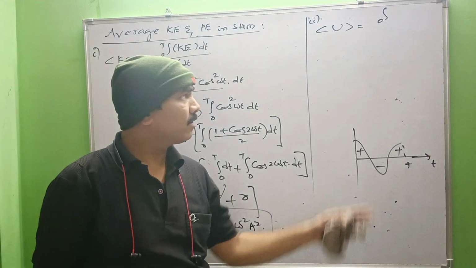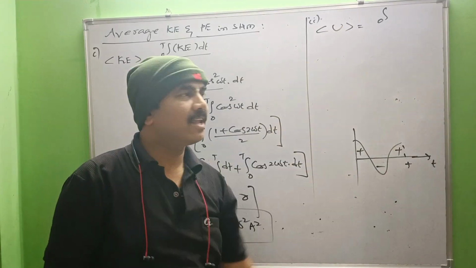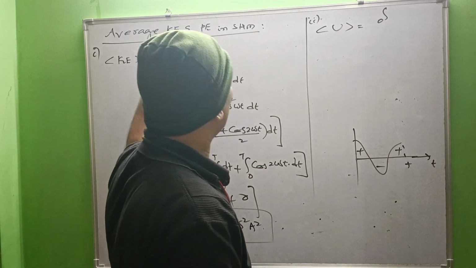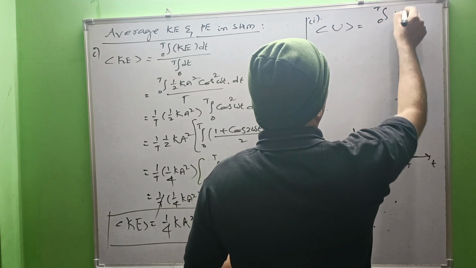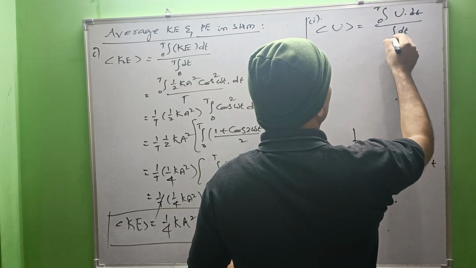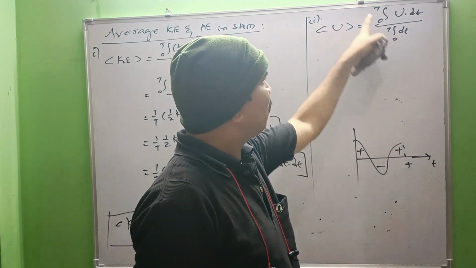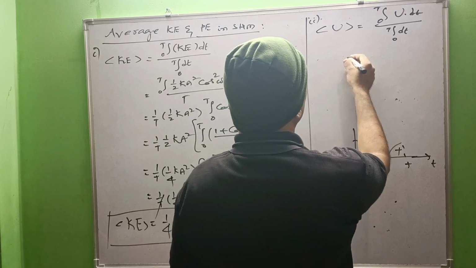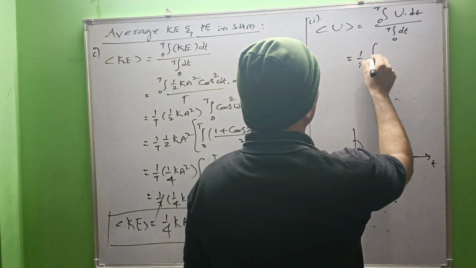Within one oscillation, we are going to determine the average value of potential energy. That's why the limits must be 0 to T. So within 0 to T, integral u dt divided by integral dt from 0 to T. Integral 0 to T dt means T, so again 1 by T into integral 0 to T.